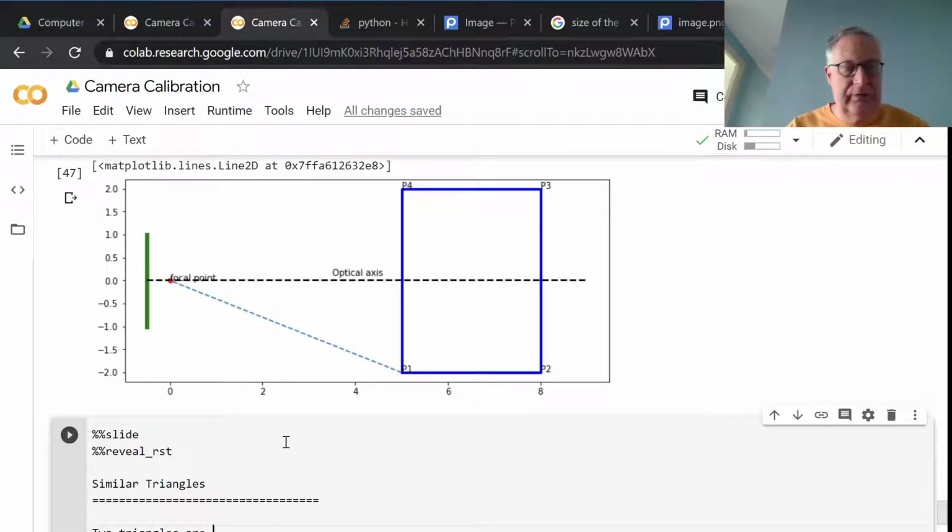Two triangles are similar if they have the same angles.